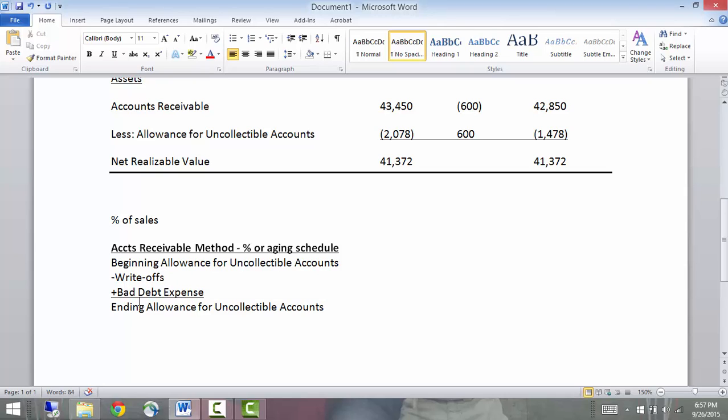And then if it asks you to determine what the bad debt expense was or what the ending amount of allowance for uncollectible accounts is, this is a formula that will help you. You have to know, is the question asking me to determine bad debt expense, or is the question asking me what is my allowance for uncollectible accounts? So if you're using this accounts receivable method, this bad debt expense is a plug.